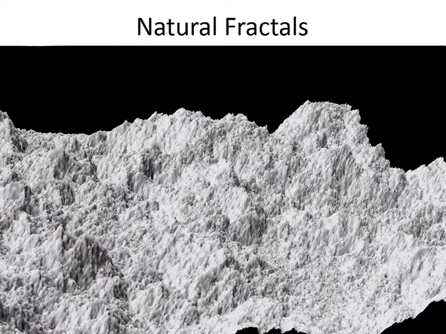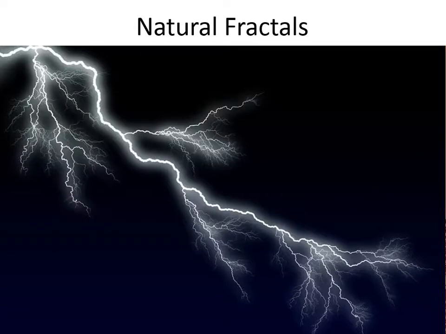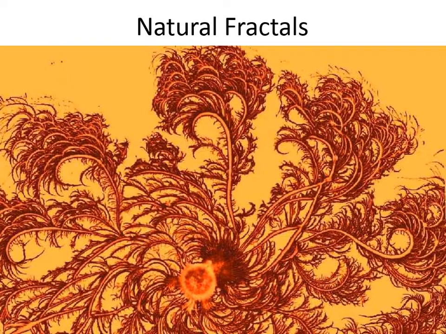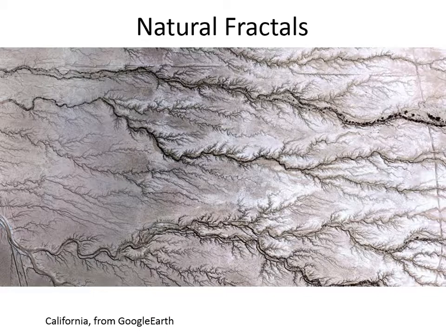And this can be either clouds or mountains or salt grains or whatever. That's what they look like. And there are many other examples of what natural fractals are. These are, for example, colonies of bacteria on an agar plate, and rivers and so forth.